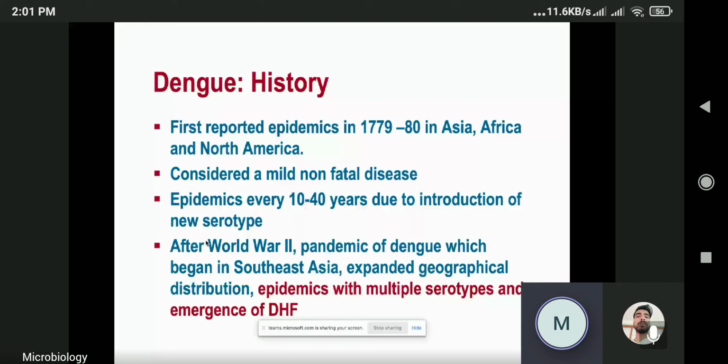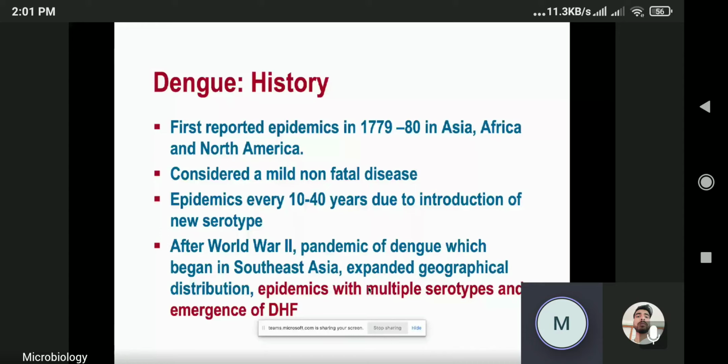Means it was considered a mild, non-fatal disease, but if several serotypes infect human individuals, then the chances of having severe conditions is very high. Okay, see here, the epidemics with multiple serotypes and emergence of dengue hemorrhagic fever means transmission or spread of several serotypes of dengue across the globe. Okay, this results in infection by multiple serotypes of the dengue virus in humans.